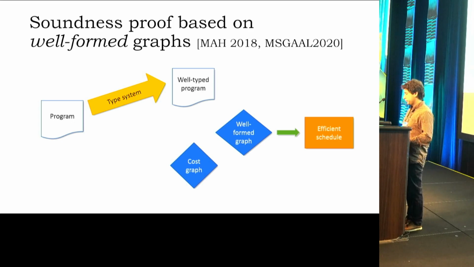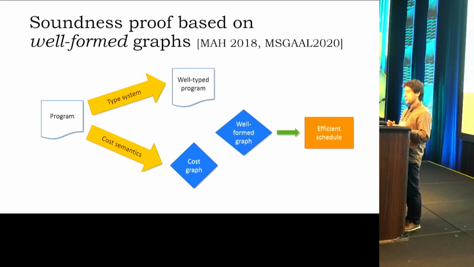And this corresponds to the notion of not having a priority inversion. So then to prove that well-typed programs do not actually have priority inversions, we develop a cost semantics that produces these cost graphs from programs in our calculus, and we've proven that well-typed programs yield well-formed cost graphs.